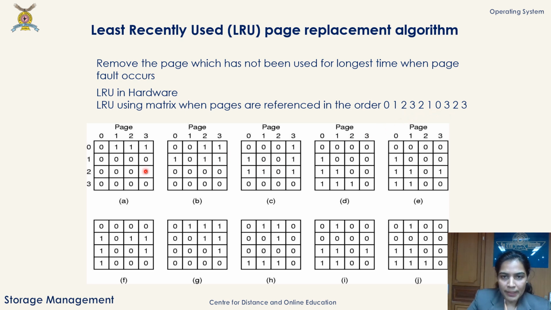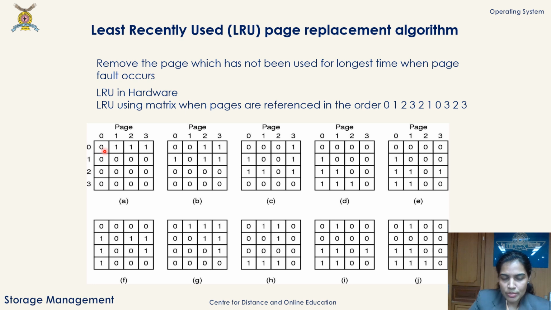Now when the page frame k is referenced, the OS will set all the bits of that row to 1 and then all bits of that column are set to 0. You can see here when page 0 is referenced, all the bits in the row are set to 1 and then all the bits in the column are set to 0.